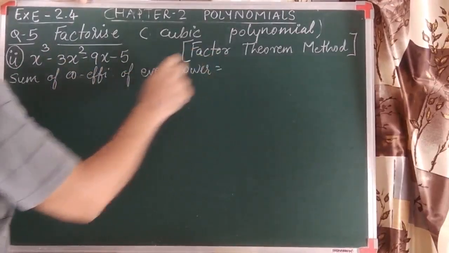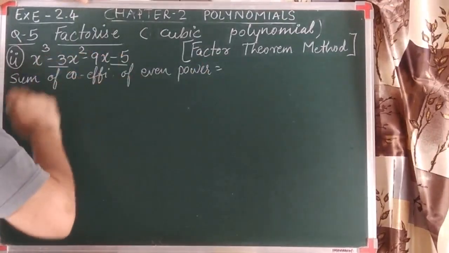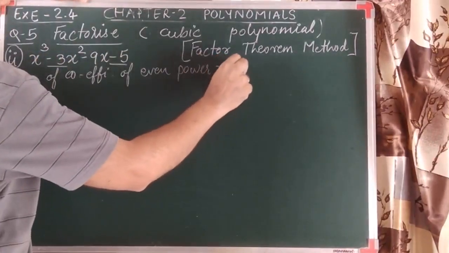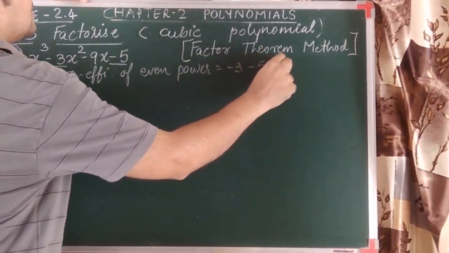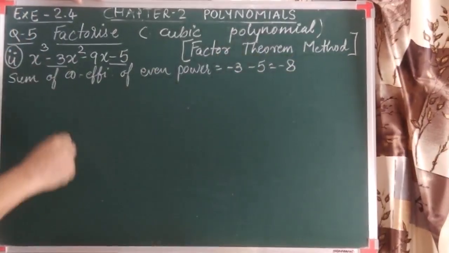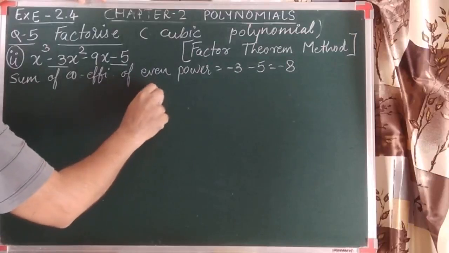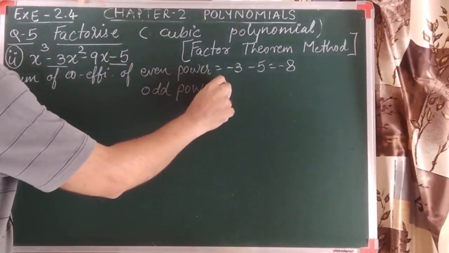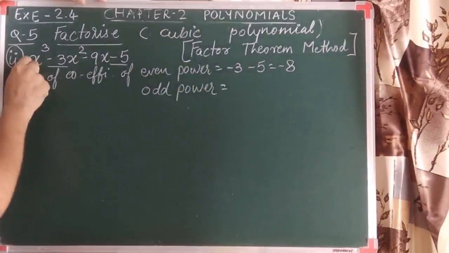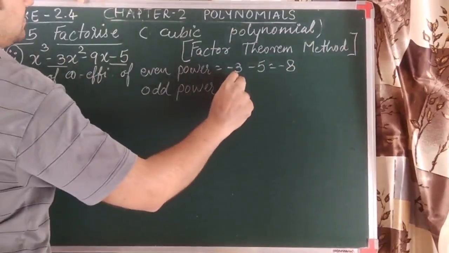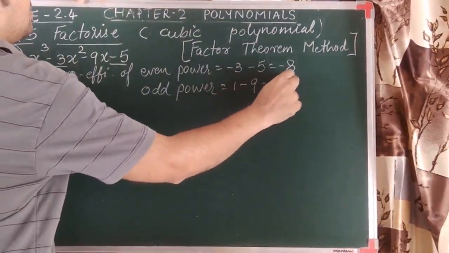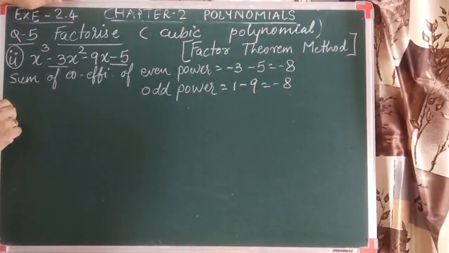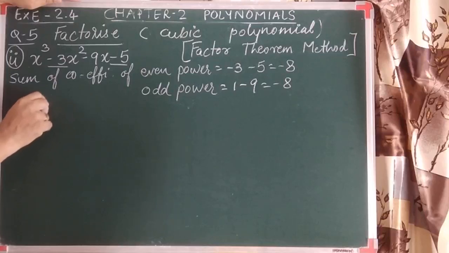Even power we discussed, the term with x square, the coefficient is minus 3, and the constant you can see is minus 8, and the sum of the coefficients of odd powers, the sum of the coefficient terms of odd powers, so these two, 1 and minus 9. So you see that we obtain minus 8. When both are equal, we'll come to the conclusion here that x plus 1 is a factor.